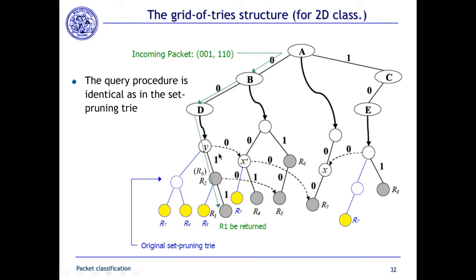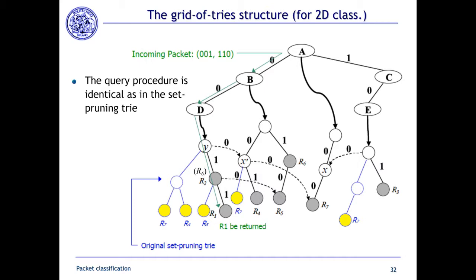So there is no difference in terms of the implementation. These are always pointers. But the big difference is that if you measure the memory occupation in terms of number of nodes, in this case you have fewer nodes than in the set pruning case, because all the yellow nodes are not necessary here. Of course, you have more links, but usually links are pointers, which are basically like memory locations, so in terms of occupation it doesn't make any difference.